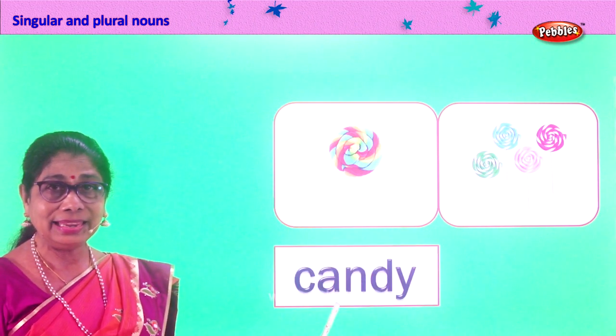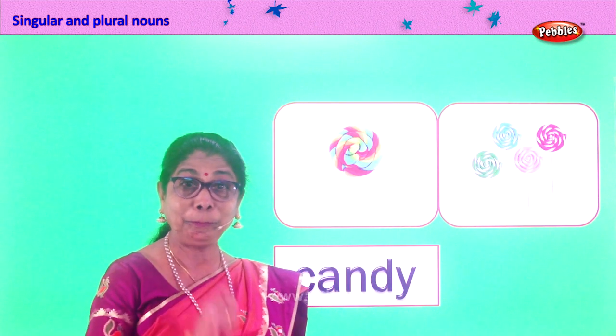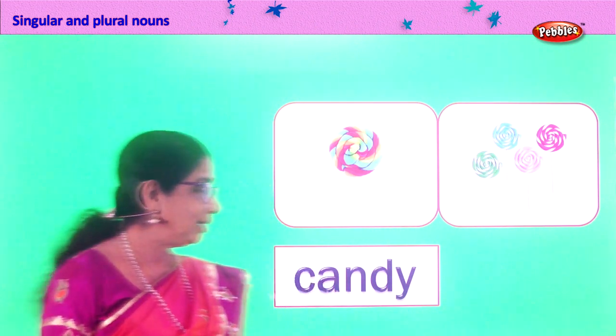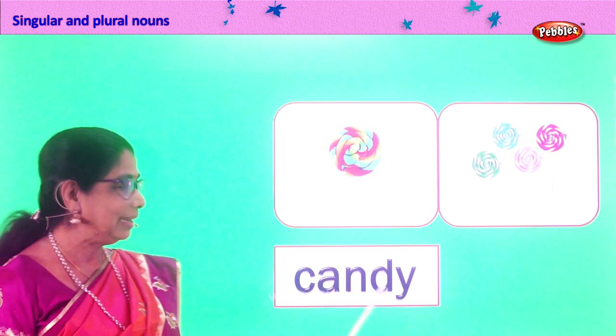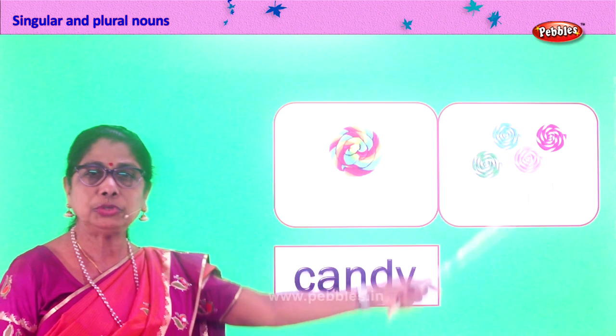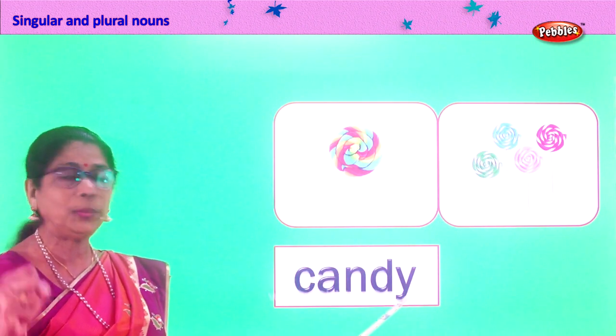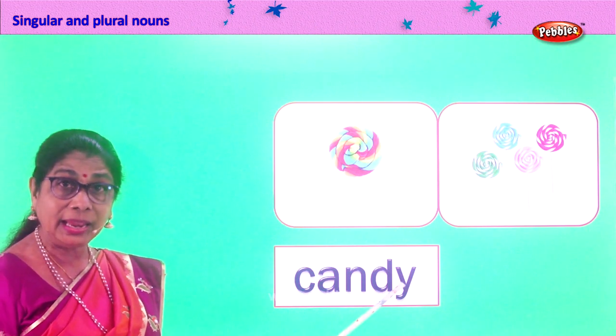CANDY, candy. What do you do with this sugar candy? You lick, yes? Singular form, candy. When it becomes plural, 1 candy, 4 candies. How do we get it?